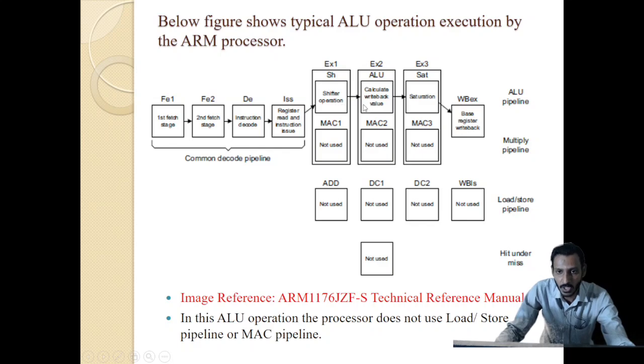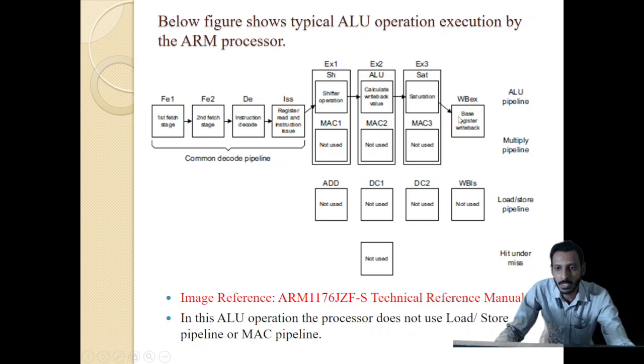Next is the calculation of the write back value, called EX2, also called the ALU operation stage. And the 7th is the saturation stage. These 3 stages, shifter operation, ALU calculation of the write back value, and saturation, come under the execution stage. So this is execution 1, execution 2 and execution 3.